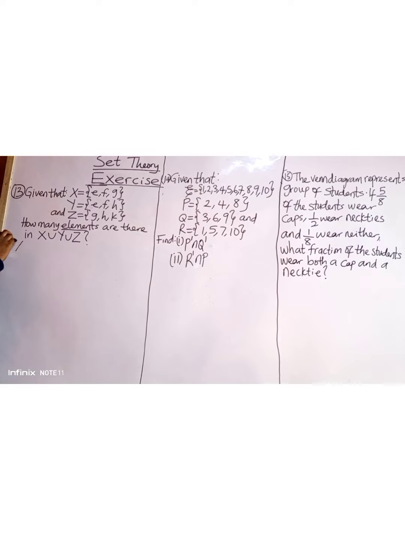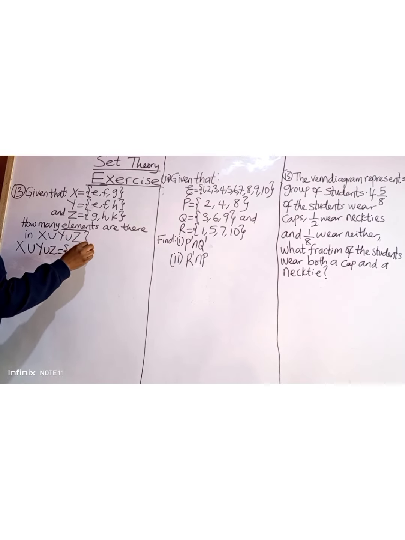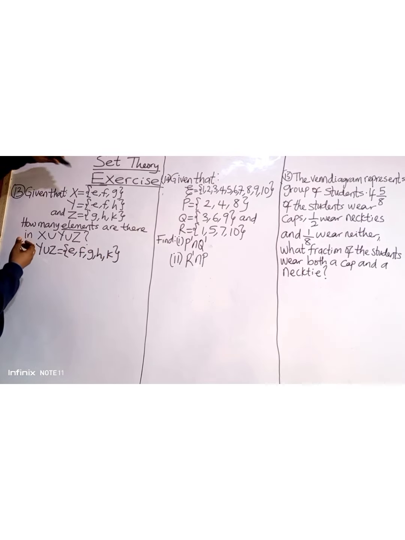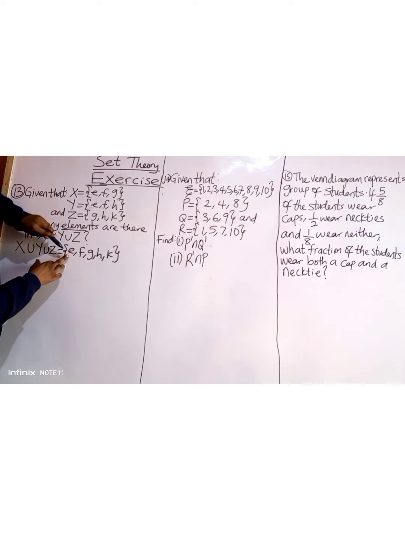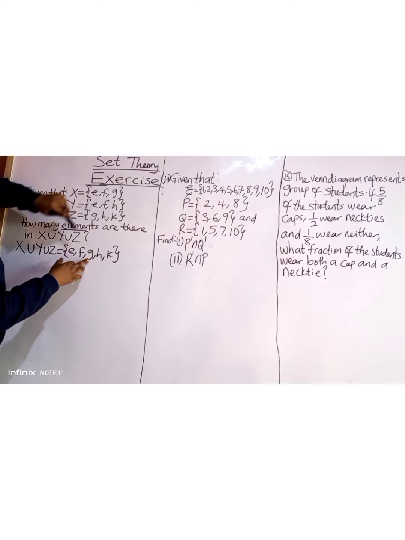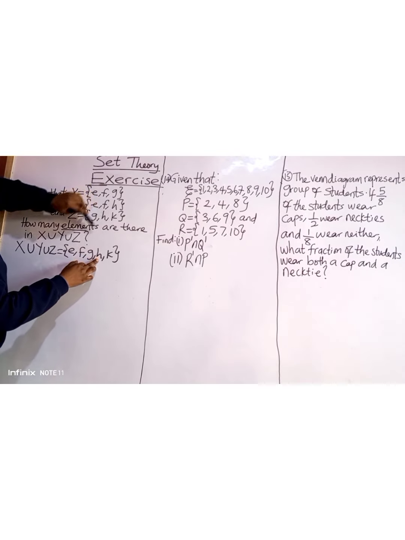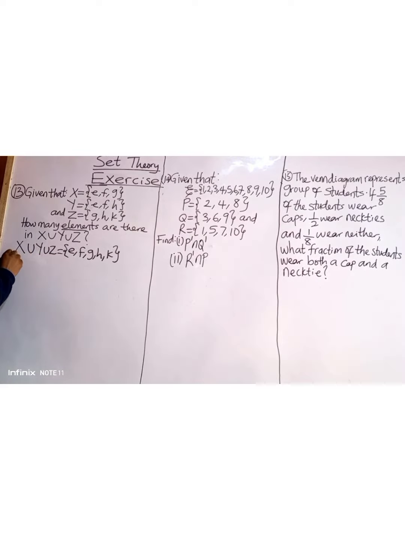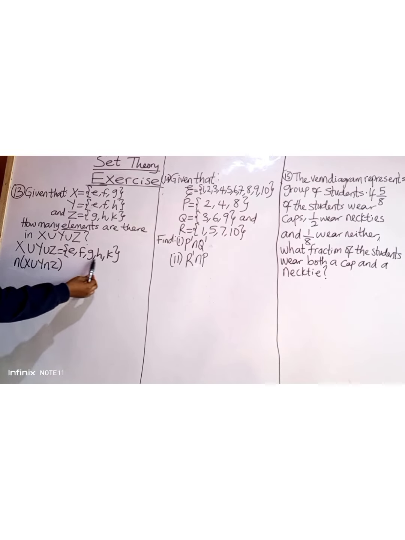Now here, let's write X union Y union Z will be {E, F, G, H, K}. You can see that you just have E, E, so you write one E; F, F, you write one F; G is G, you write one G; H, H, write one; then K. Now, the cardinality of X union Y union Z is the number of elements present here, so let's count.